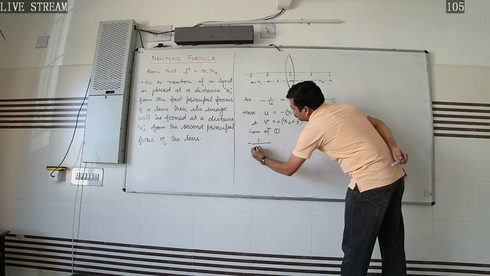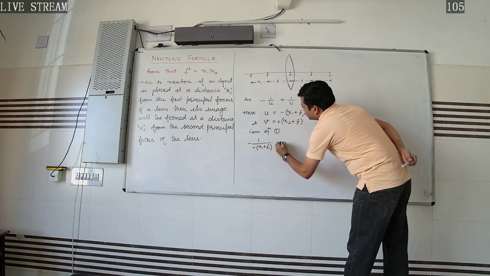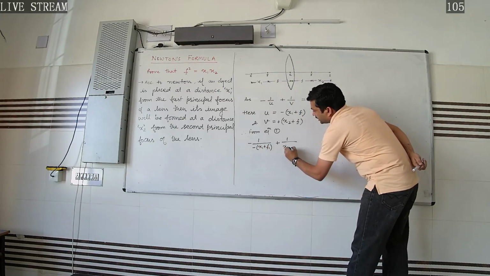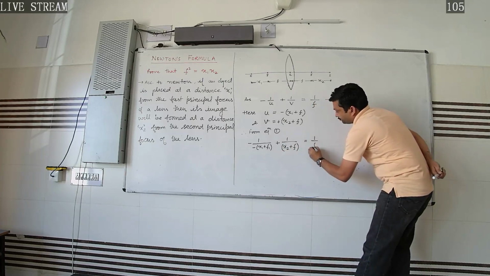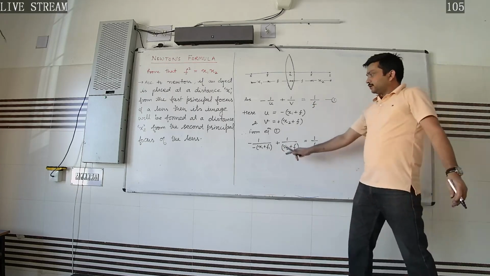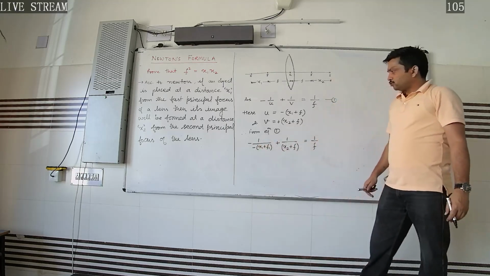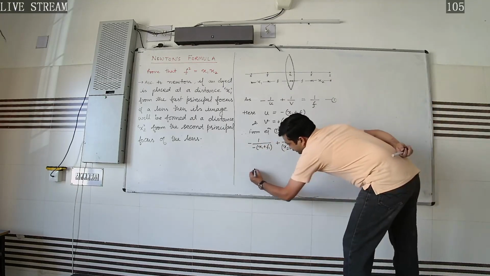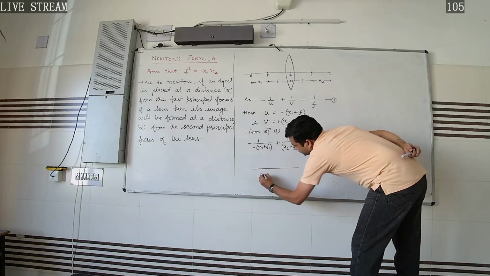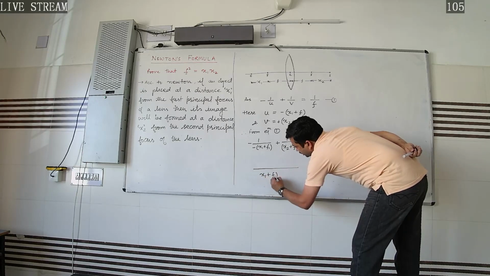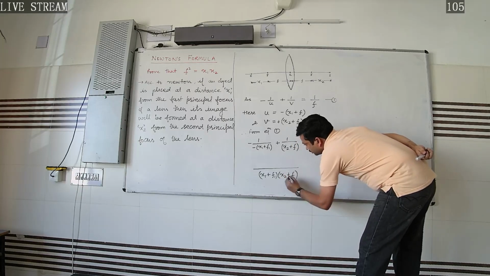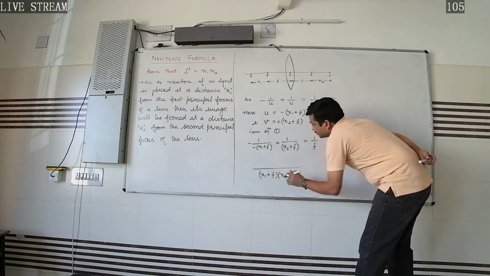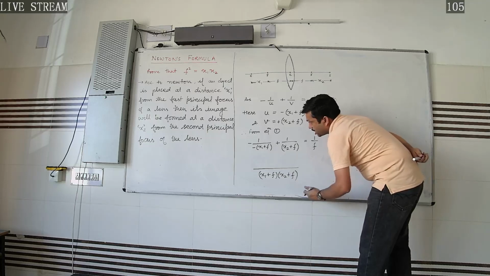Minus 1 over u, minus of x1 plus f, plus 1 over v, that is x2 plus f, is equals to 1 by f. Okay, so here negative and negative sign, they both will get cancelled out, and we get in the denominator, that is x1 plus f into x2 plus f. Simply instead of f1 we are writing here f.